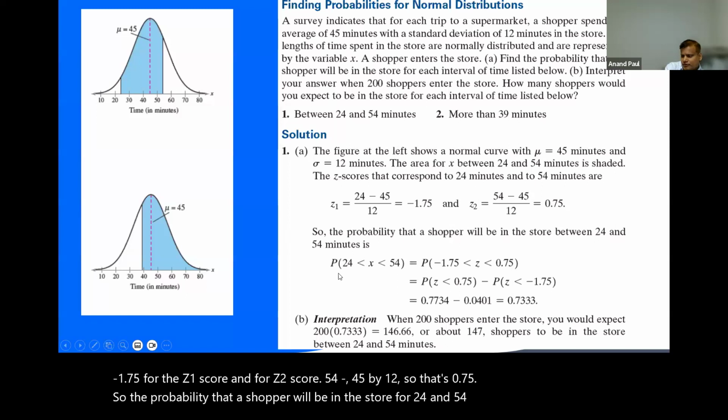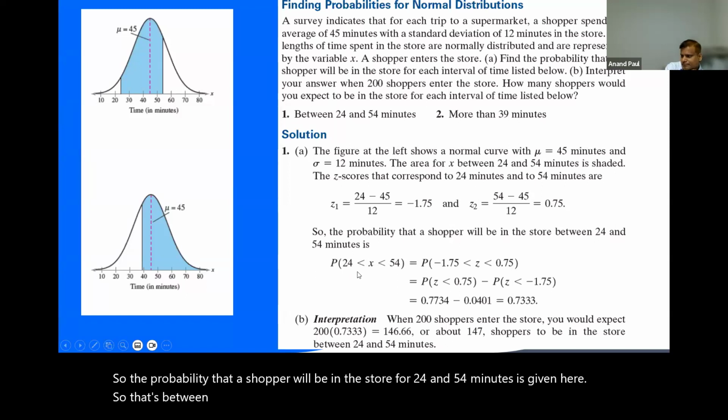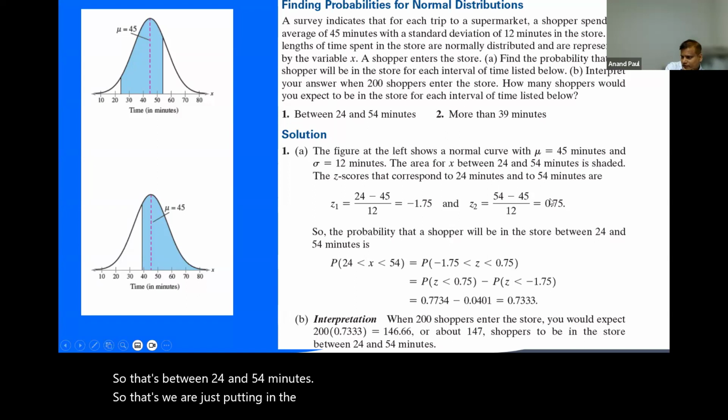So the probability that a shopper will be in the store between 24 and 54 minutes is given here. We are just putting in the minus 1.75 and 0.75 here, and manipulating this part: P of Z less than 0.75 minus P of Z less than minus 1.75.